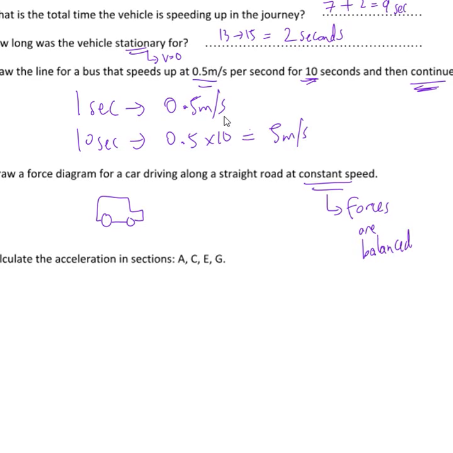Now, if you remember when we did terminal velocity, we have the air resistance. Now, since the car is going forward, I'll call this the forward force. We need to have the air resistance which goes in the opposite direction.